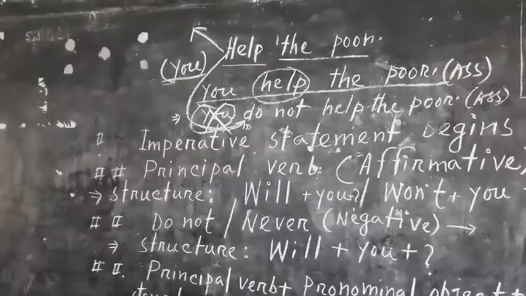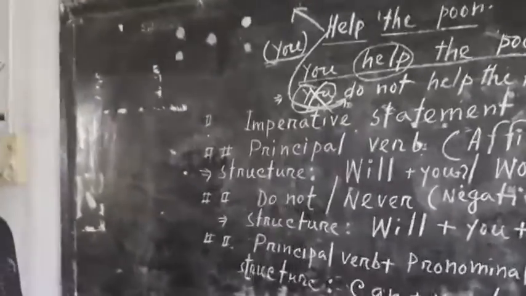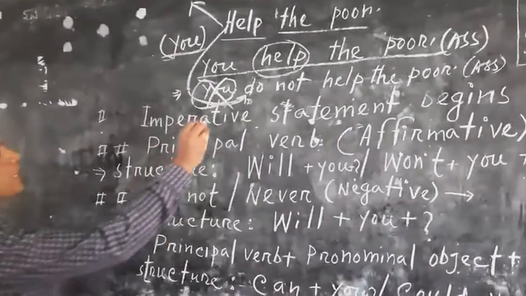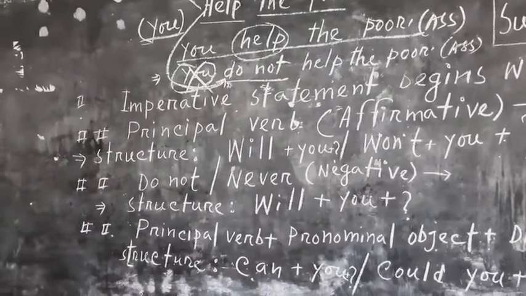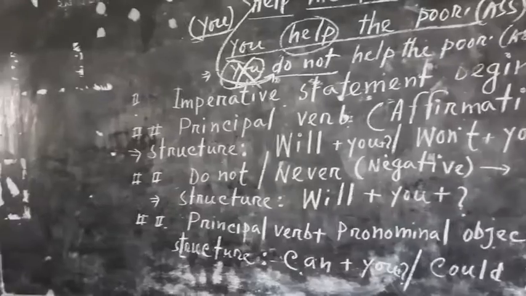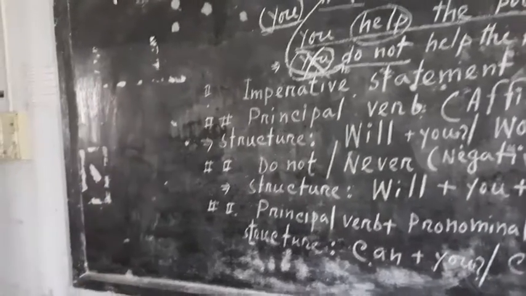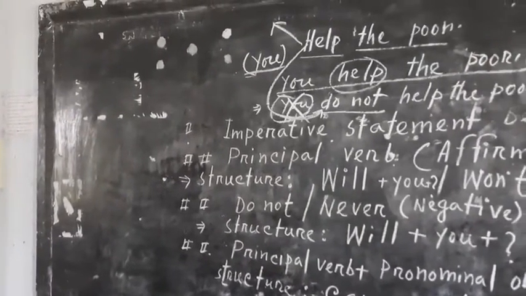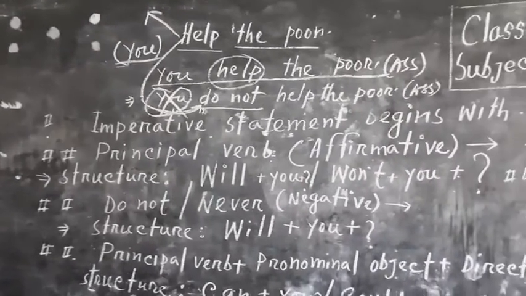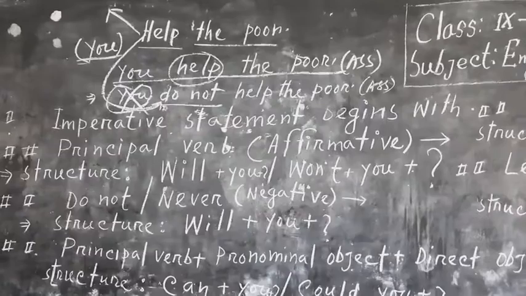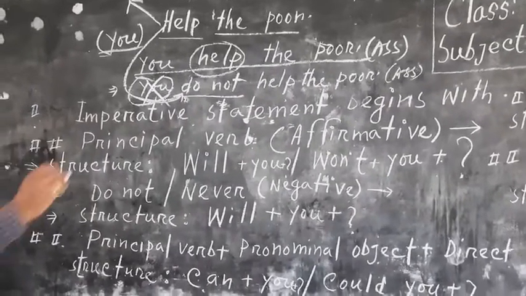So you can know the negative form of an imperative sentence begins with do not. So you can know the affirmative form of an imperative sentence begins with principal verb and the negative form begins with do not.